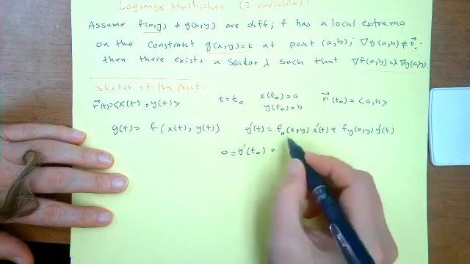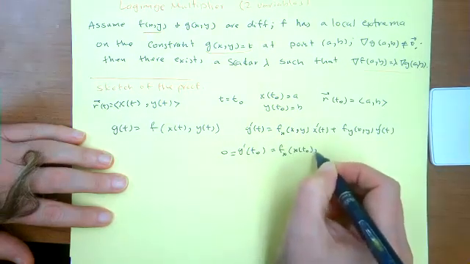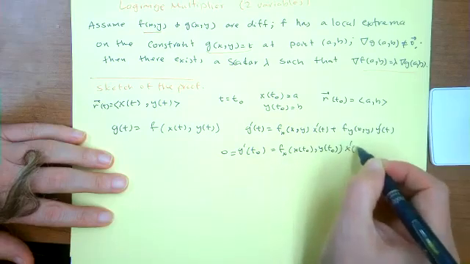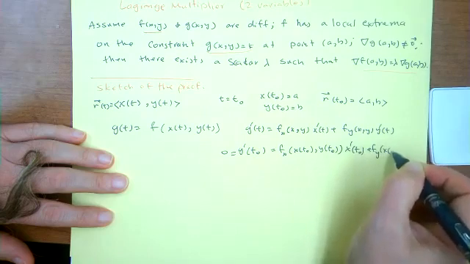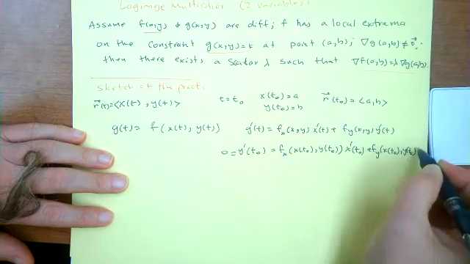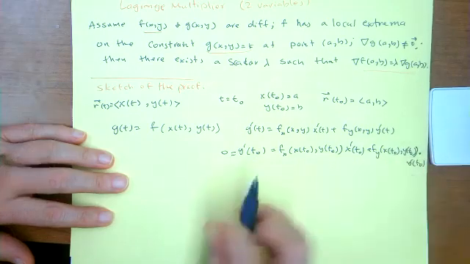Now, write this out. I'm going to get f sub x of x of t0, y of t0, times x prime at t0, plus f sub y at x of t0, y of t0, times y prime at t0.